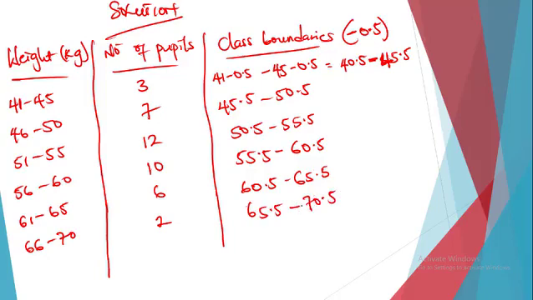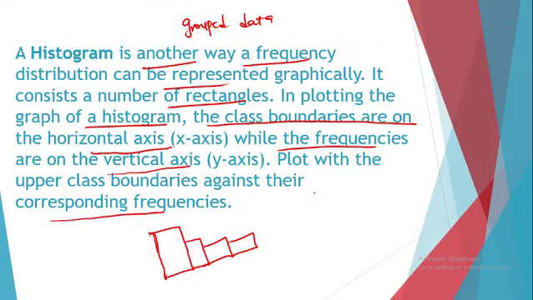So we now have to plot this graph, applying the condition we are given here. It said the class boundaries are on the x-axis, while the frequencies are on the y-axis. So let us plot that.